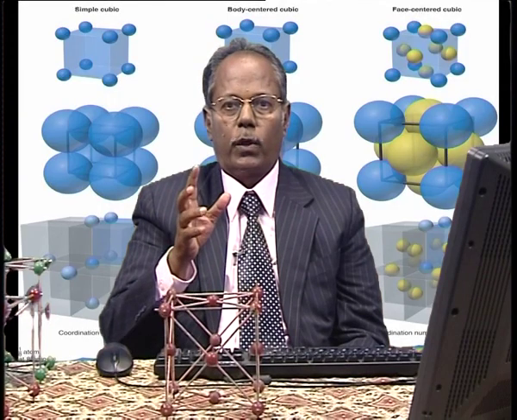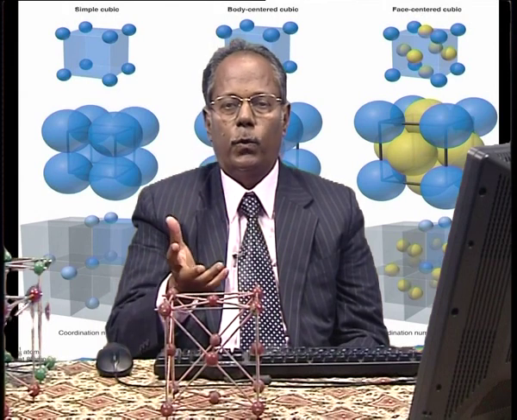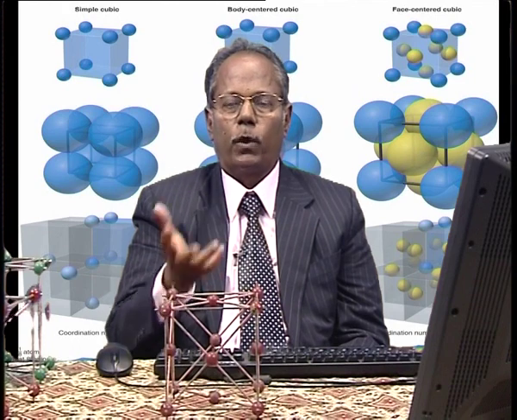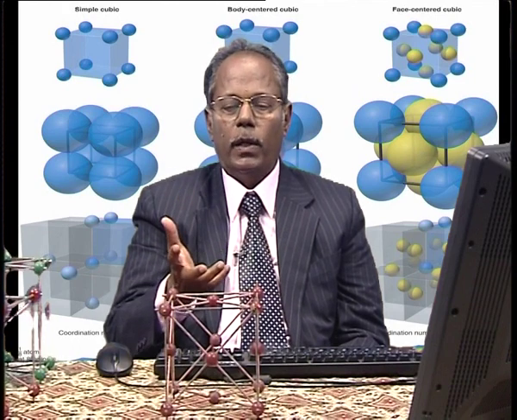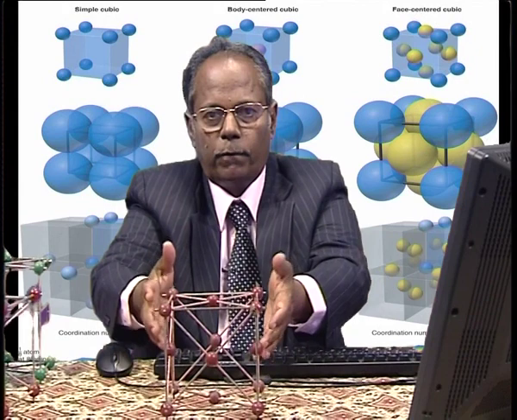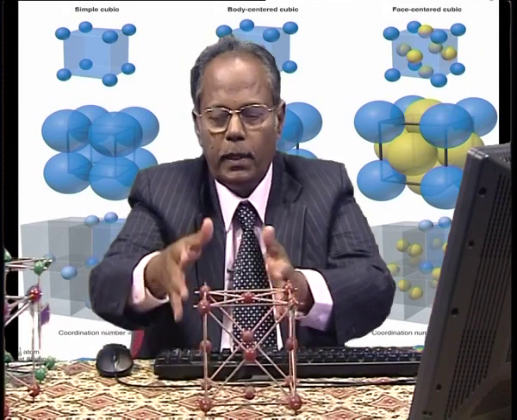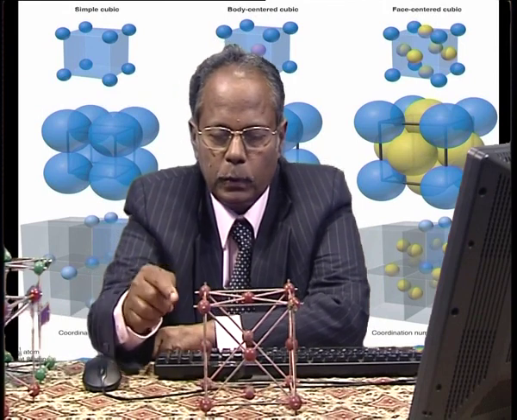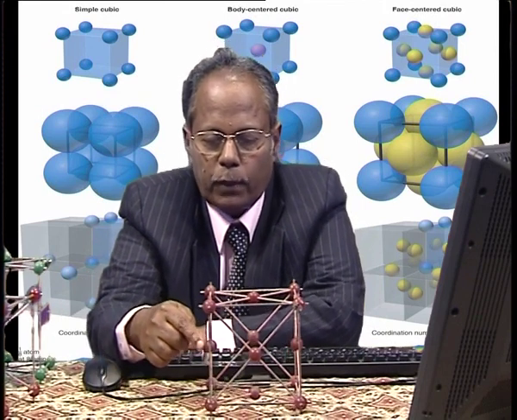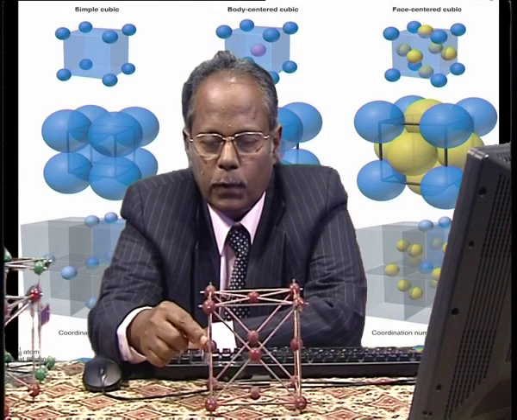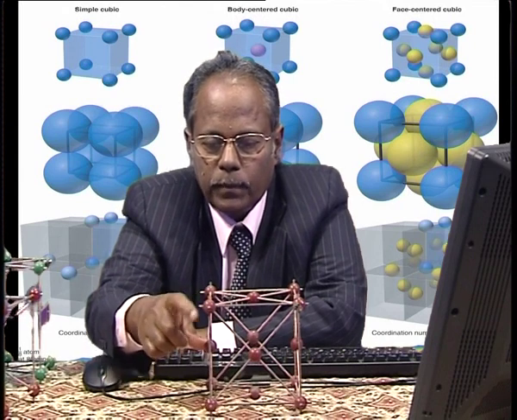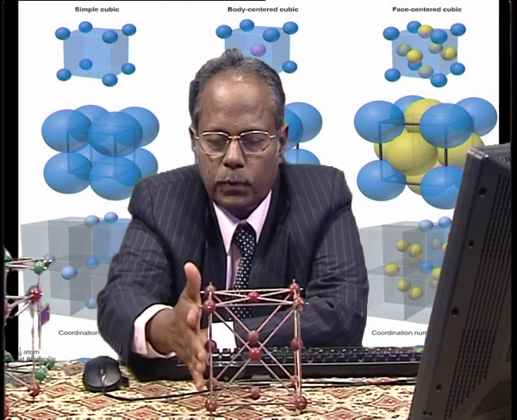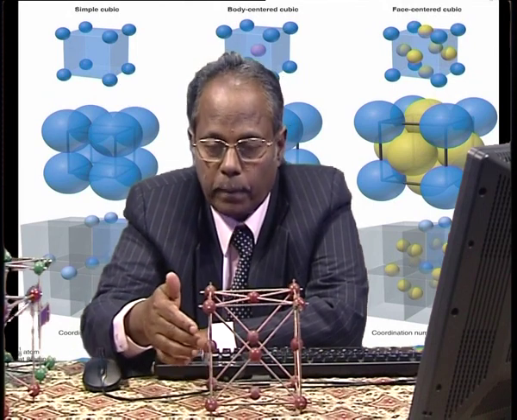It may be difficult for a young student to visualize or understand how the coordination number is 12 for face centered cubic. Now, having got the model for a face centered cubic, let me try to make you understand how you get 12. You take this atom as the reference atom. You have an atom here, here, here, and here. How many are nearest neighbors?